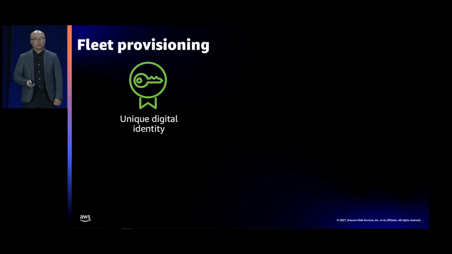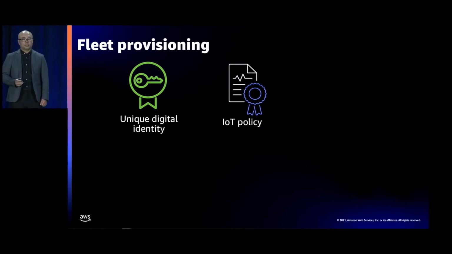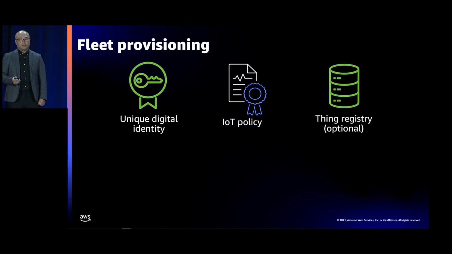With fleet provisioning, you can generate and inject unique device identities on the devices, typically a private key and X.509 certificates, and register device identities with AWS IoT, associated with appropriate permissions to the registered identities, also known as IoT policy. And optionally, create a virtual representation of devices in the cloud, such as things or thing attributes.